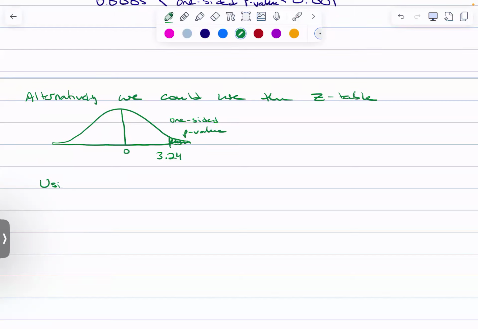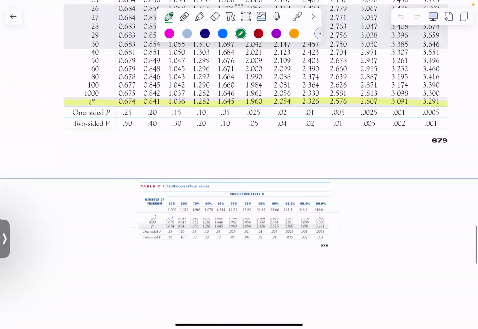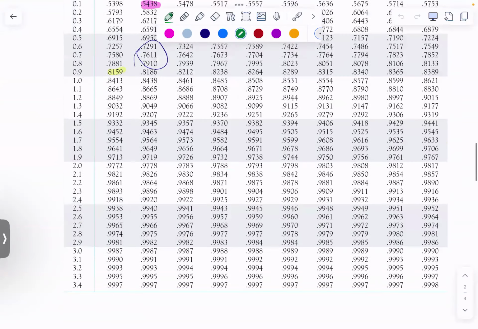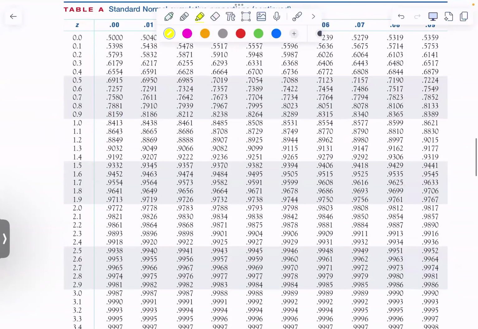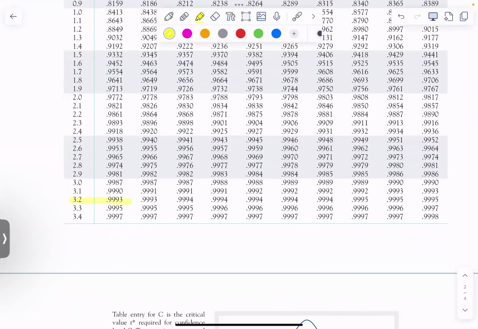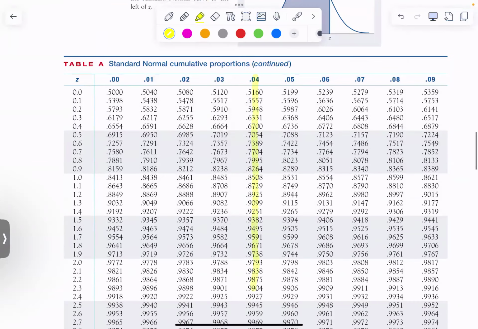So using the Z table, we find the area to the left of Z equal to 3.24 is, let's see, back in the Z table, it's been a while. 3.2, let's highlight that row. 3.24.